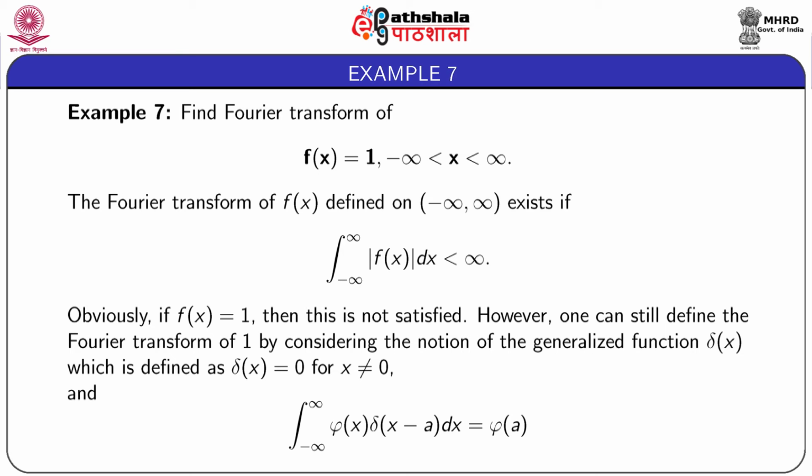Now, recall that the Fourier transform of a function defined in the interval minus infinity to plus infinity exists if the integral of mod f(x) dx is finite, that is, the function f(x) is absolutely integrable, that is the condition of the Fourier integral theorem. But when f(x) equal to 1, this condition is not satisfied.